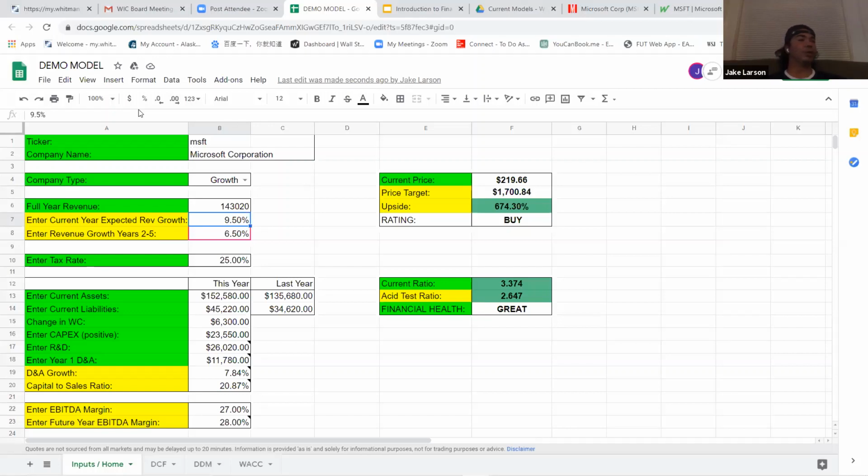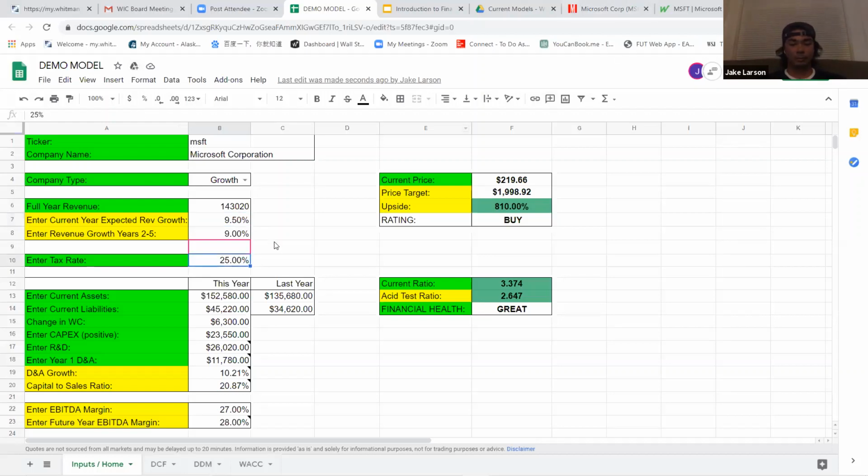I believe Morningstar projects Microsoft to grow about 11% over the next 5 years. I don't think they're going to meet those expectations. I think it will be more around the 9% level. I think they're overestimating the growth of Azure, despite the growth of that sector actually decelerating quite quickly. So I'm going to set the next 5 years at 9% growth, and then we can move on to the tax rate.